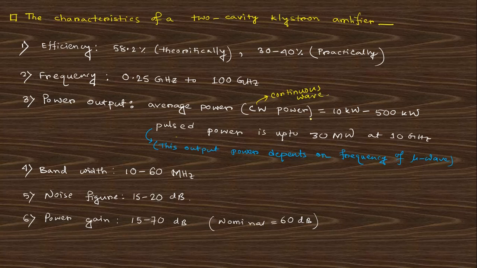In case of the pulsed wave, this is the actual average power, and this power will depend on the frequency. So you need to write down the frequency, and the bandwidth will be like that, and the noise figure, and this is the power gain. So these are the characteristics for a klystron.